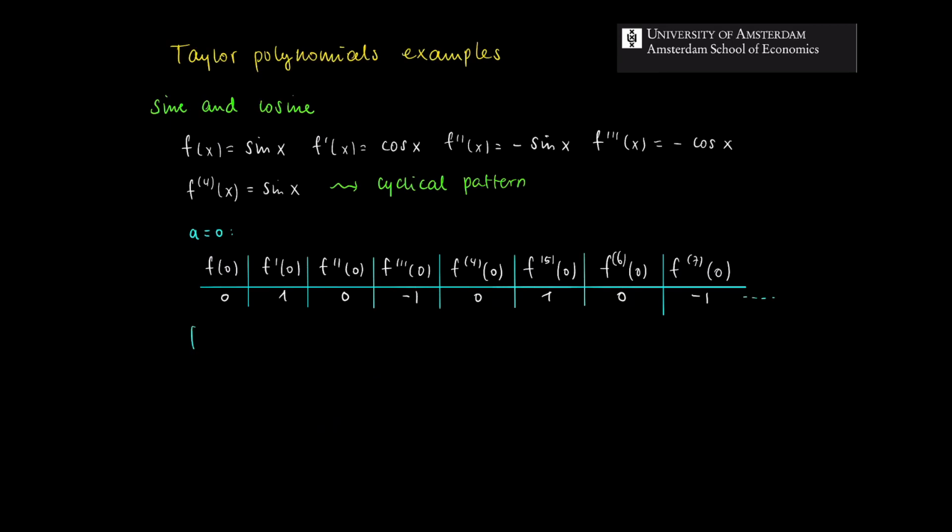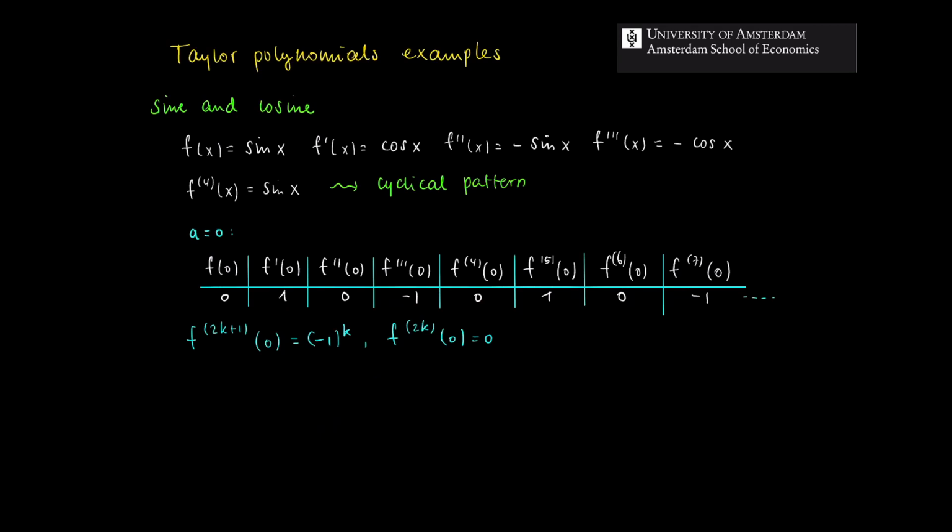Now we can determine the odd derivatives at 0, as these follow a certain sign. The first order derivative gives 1, then minus 1, then 1, then minus 1, etc. So as odd derivatives at 0, I get minus 1 to the power k. And also the even order derivatives are all 0.